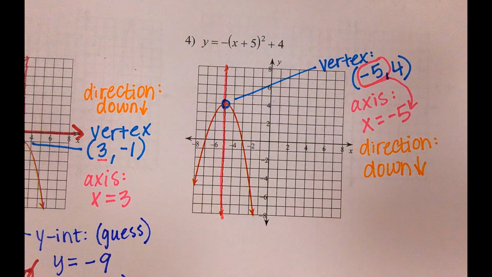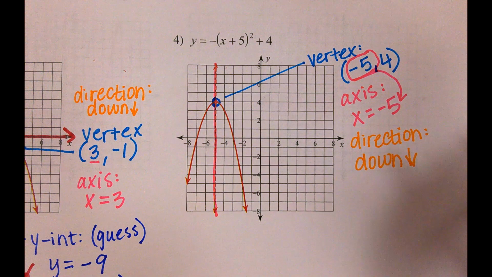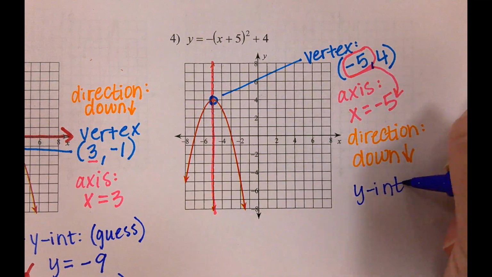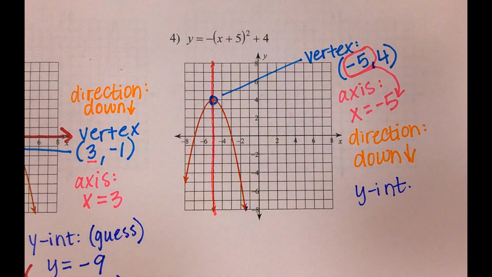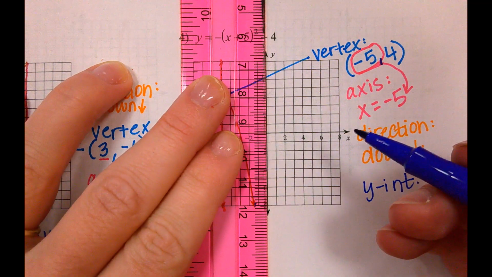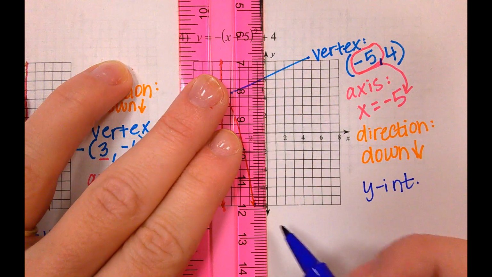Now we're going to look at the intercepts. The y-intercept would be the next thing, but you can't really see it. Can somebody give me their best guess where this might end up landing? Maybe -10. Could be lower than that, could be higher. Let's see. I'm going to draw this line a little further down and see what it looks like.